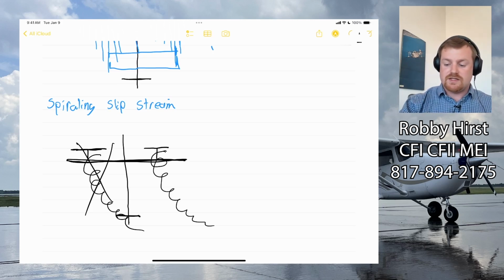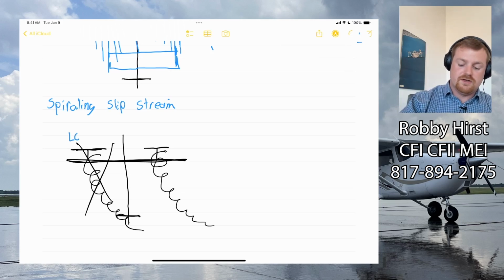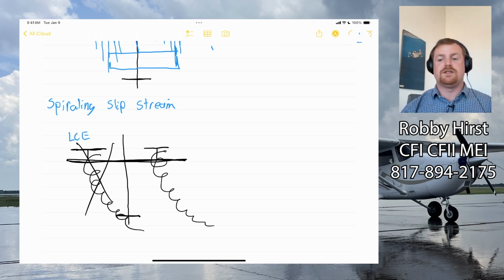So in this case, if we were to lose an engine, our left engine would be the critical engine, because the way the airflow is working over the tail, it would give us more rudder authority, more directional control, and without it, we lose that airflow.